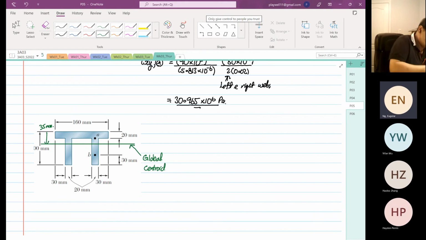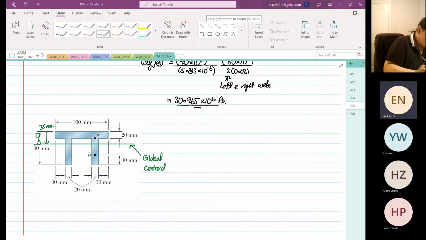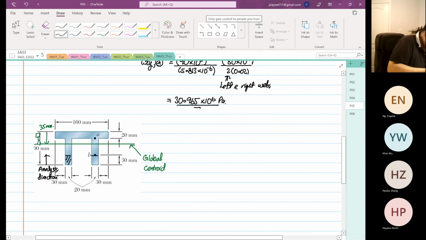Next, the datum is at the centroid. Rule number three, the analysis starts from y max, the distance further away. So this will be our analysis direction. It's below because the first moment of area cannot cross over the centroid. So in that context, this is the area of interest now.